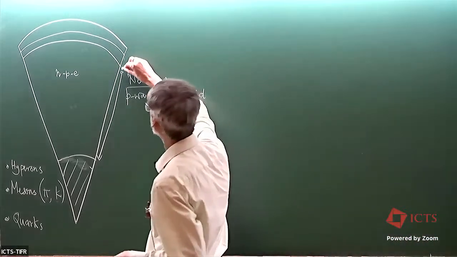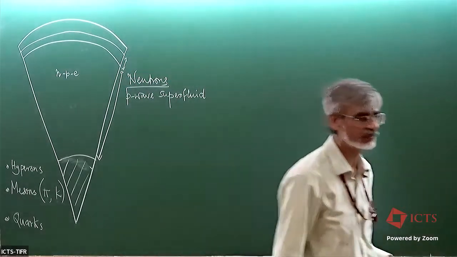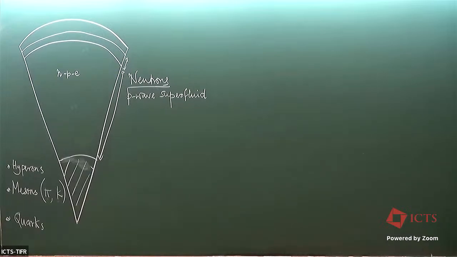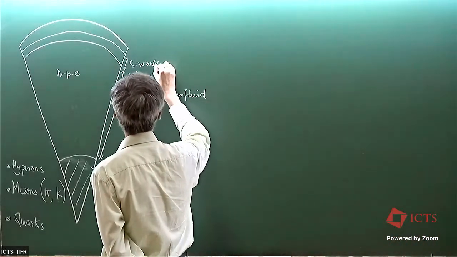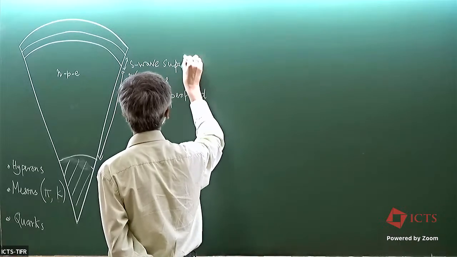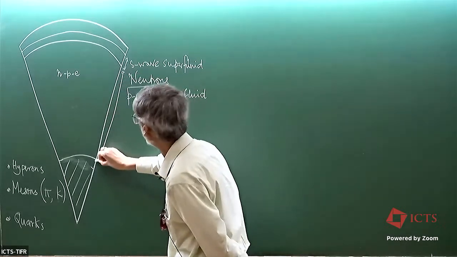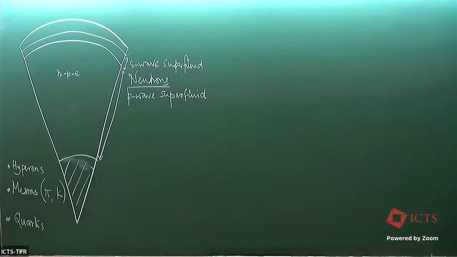So even these neutrons are going to be superfluid, except at these lower densities it appears that the S-wave pairing wins out. So you have S-wave superfluid over here. This whole region then has neutron superfluid, except the pairing mechanism is somewhat different in the core compared to the crust.